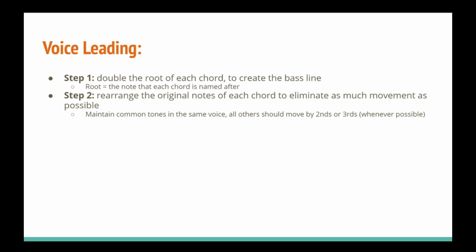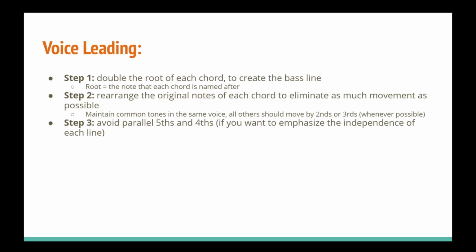Before we do this, I should mention that parallel fifths and fourths should be avoided if you want to emphasize the independence of each line, essentially making your harmony sound like multiple different voices or instruments working together. Or you can ignore this guideline if you don't mind a blockier sound that focuses more on the sound of each individual chord rather than the voices that make them up, which is much more common in pop music than concert music.